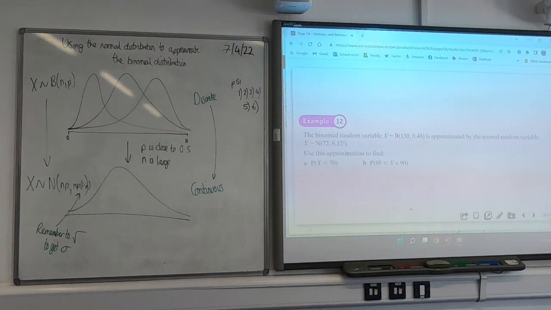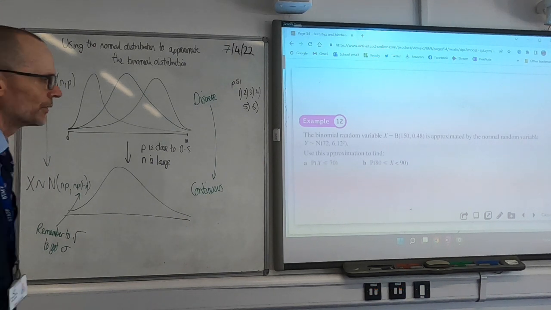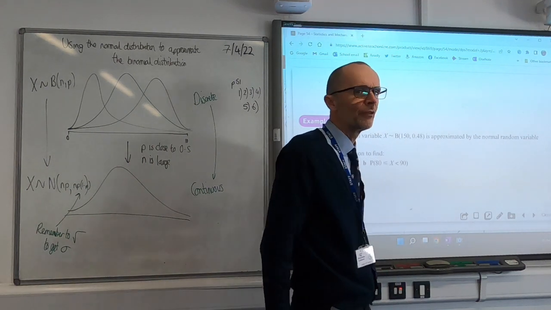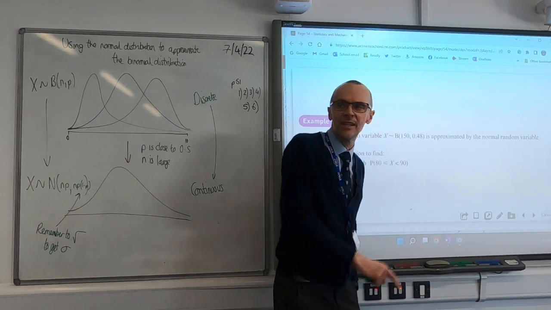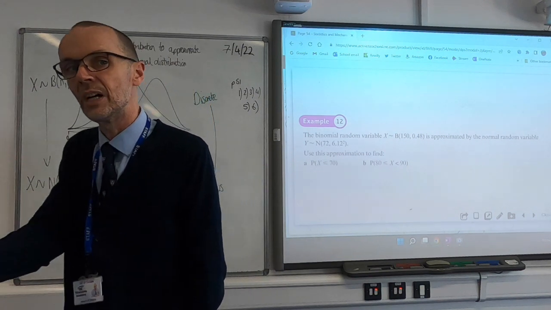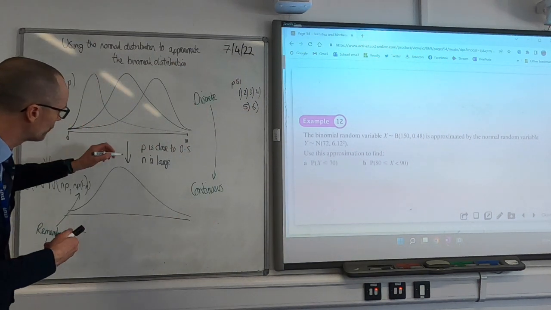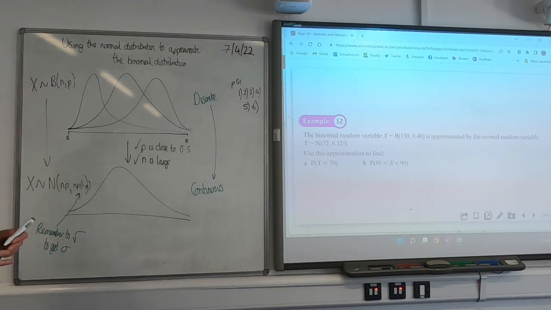So a binomial random variable. We don't know what it is, but whatever it is, we're doing it 150 times, and every time we do it, the chance we succeed is 0.48, almost a half. So it looks like we're doing pretty well in terms of those two criteria, and we're told to use the normal distribution to approximate it.